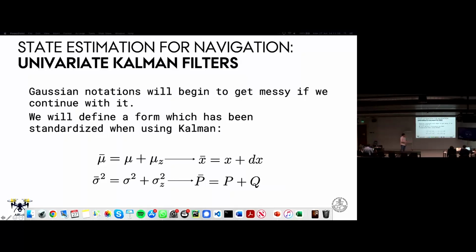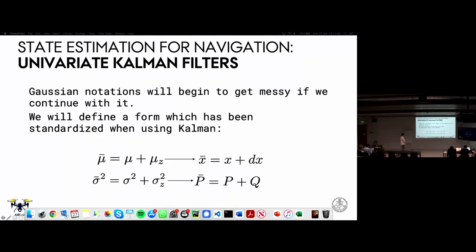Even though it uses Gaussian distributions, and even though it uses this Bayesian understanding of how you can utilize Gaussian distributions, they came up 70 years ago with their own notation, and they denote the state as x, which is no surprise, but the variance or the covariance matrix, as we're going to see in a second once we go into multivariate cases, is defined with the P.